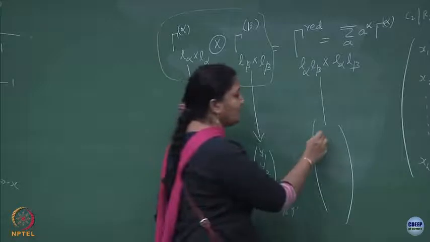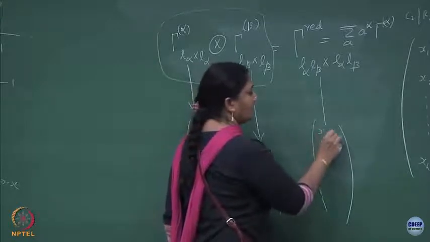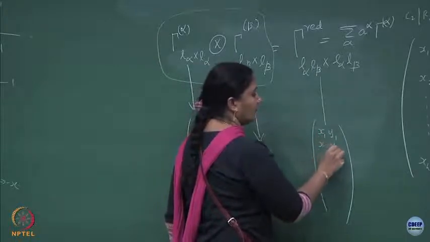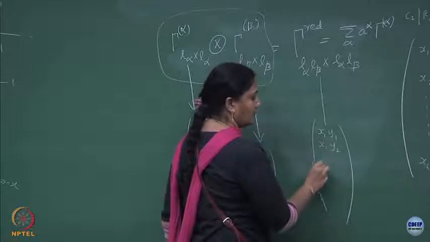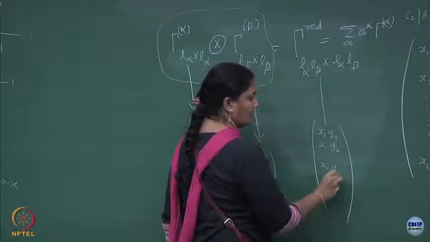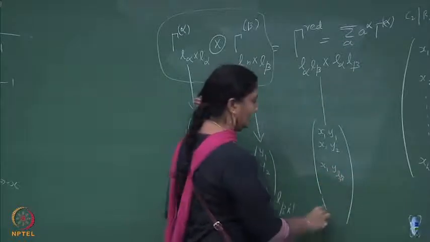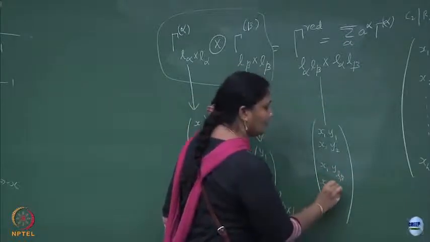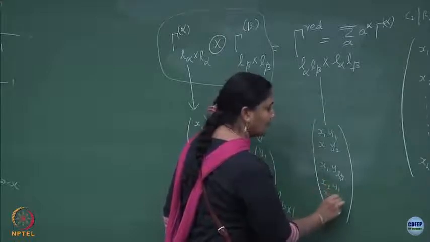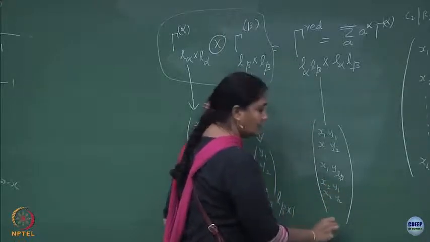So, what will this be? x1 y1, x1 y2, up to x1 y L beta, and then x2 y1, x2 y2 and so on.